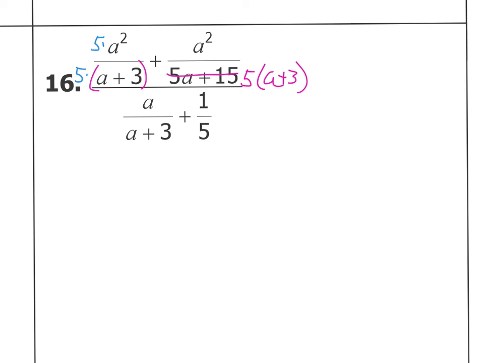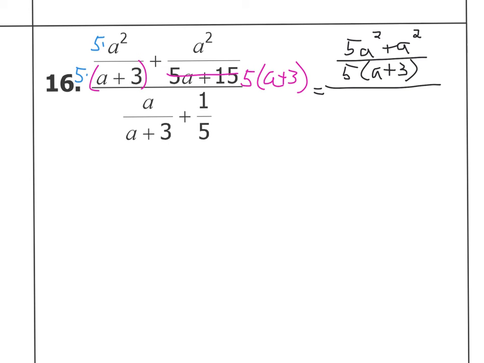So then that is going to leave me with a 5a squared plus an a squared, we'll deal with that in a minute because they're like terms in the numerator, all over the common denominator of 5 times a plus 3. You want to leave your denominator fully factored because remember we're going to keep, change, flip, and cancel based upon fully factored numerators and denominators.